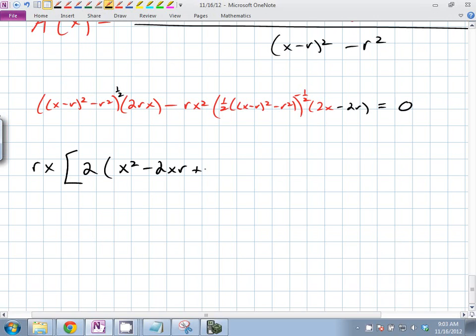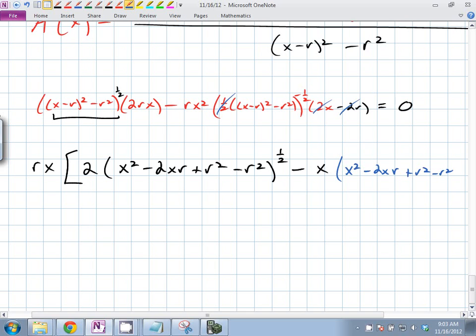That's this part right here, to the what power? 1/2 minus what? X times, and you know what, I'm going to cancel out this 1/2 with the 2's right there. I'm going to factor out the 2 to the outside. So what do you end up with on the inside here? X squared minus 2XR plus R squared minus R squared, and on the outside times what? X minus R.